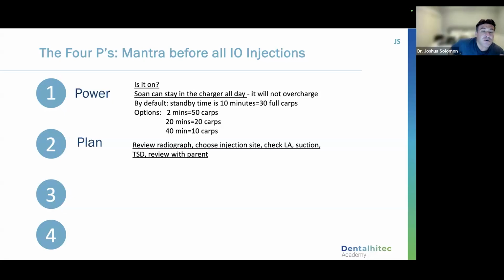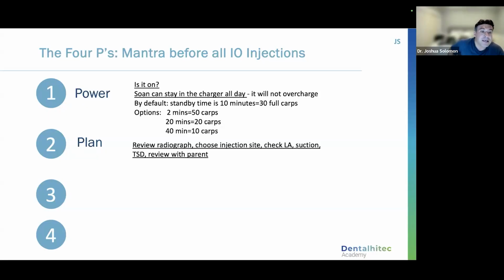Please don't store your SOAN upright in the power base with a carpule or cartridge of local anesthesia in there. If for some reason there was a problem with that carpule and it leaked, I don't want it to go down into the unit itself. So once it's loaded, needle's on, it needs to be just on the countertop.